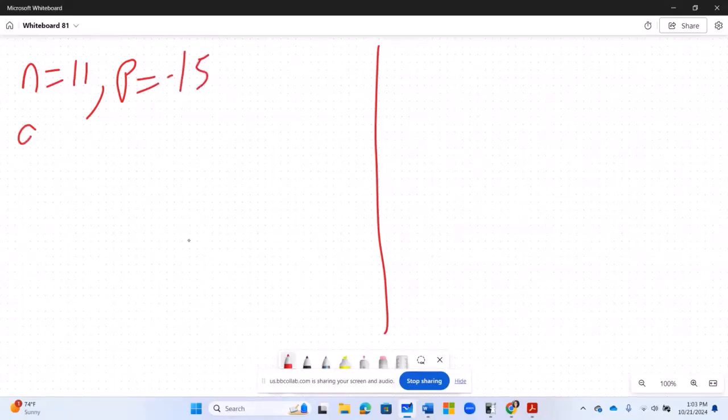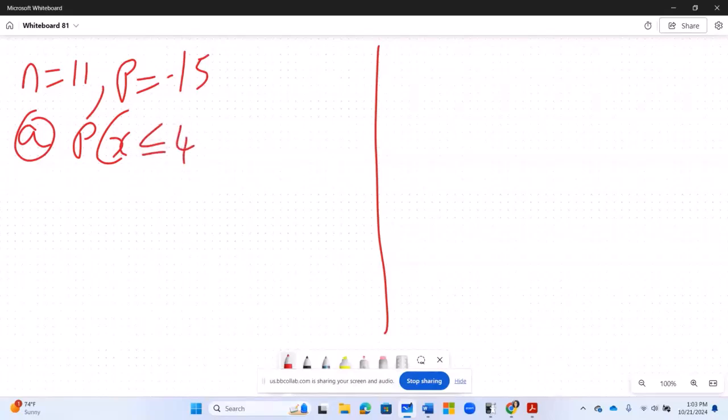The first question we answered was to find the probability of the random variable x less than or equal to 4. The sample space is 11.